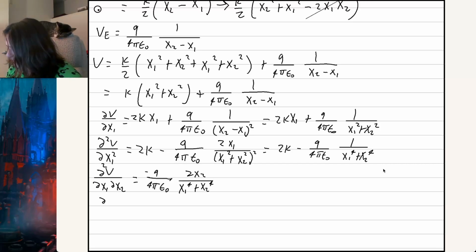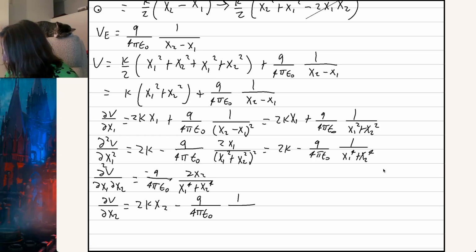Right. Now, all we're missing is the second derivative on the other side. So let's do the single derivative of the potential with respect to x2. It's going to look pretty much the same as the first derivative with respect to x1, except now this is a minus sign. 4 pi epsilon naught, 1 over x1 squared plus x2 squared.